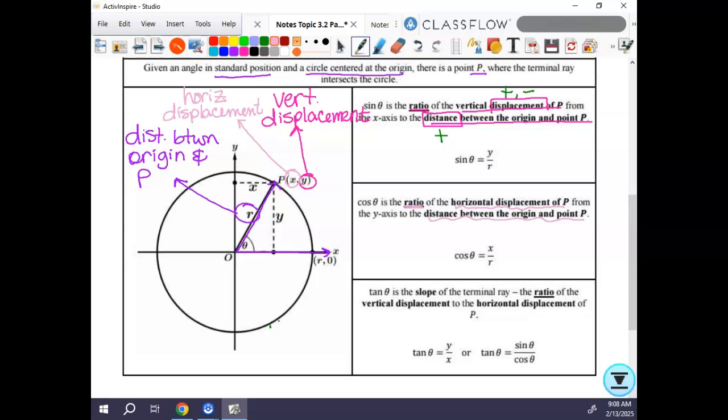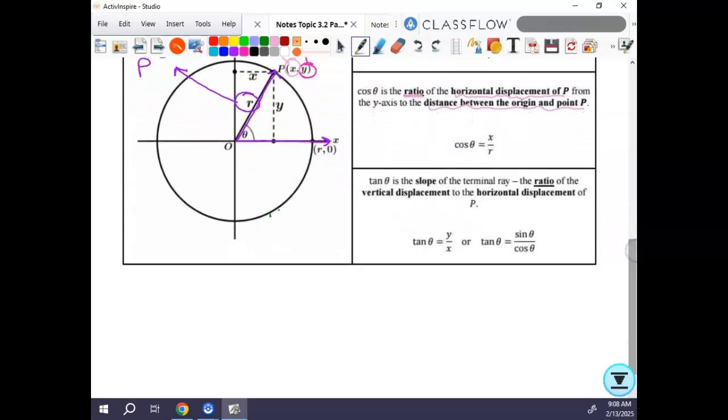Okay. And then tangent. Now with tangent, this is kind of a new thing that's getting thrown in there, and this is super important. So we're going to skip over the first sentence for just a second and restart here. Tangent is the ratio, so we know that we're making a fraction again. Vertical displacement to the horizontal displacement, and that's just y to x, right?